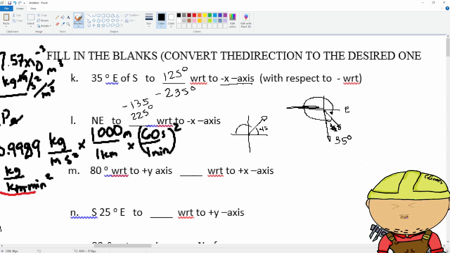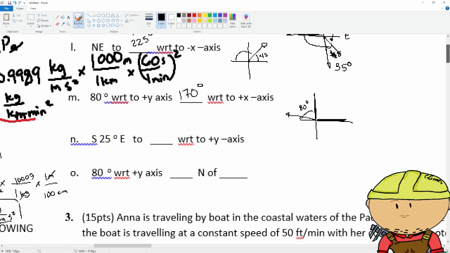Convert the following, convert the direction to the desired one, or fill in the blanks. Okay, so we have 80 degrees with respect to y-axis. This is the y-axis, counterclockwise. This is the 80 degrees. If it's with respect to y-axis, the y-axis is at the right side, so that's going to become 170 degrees. Next, south 25 degrees east.